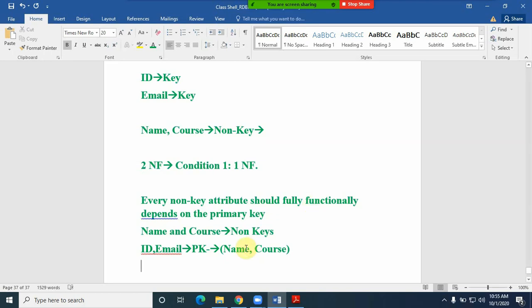The non-keys should be completely dependent on the primary key, the composite primary key, friends, because it is not a single key. We are having these two attributes as a composite key, and every non-key should completely depend on this composite key. Then only we can say it is in second normal form.